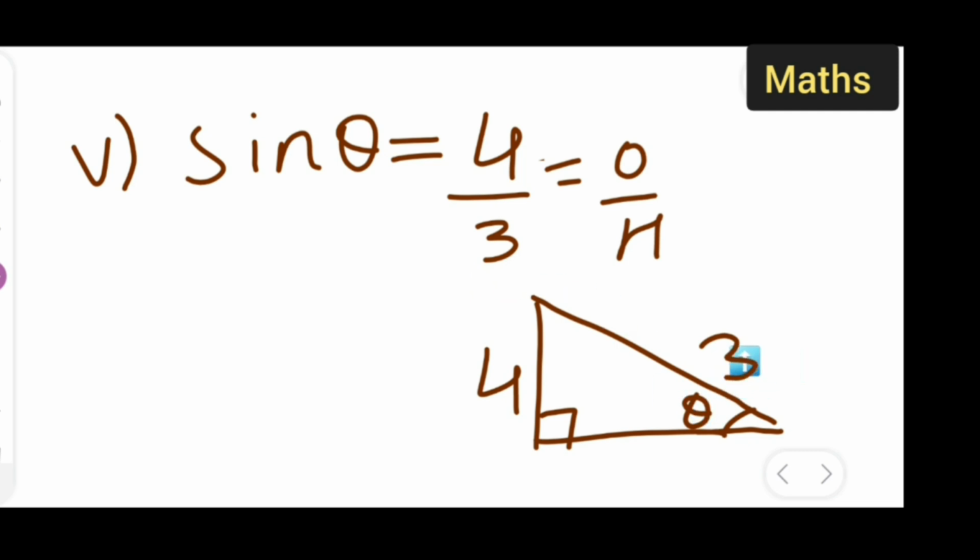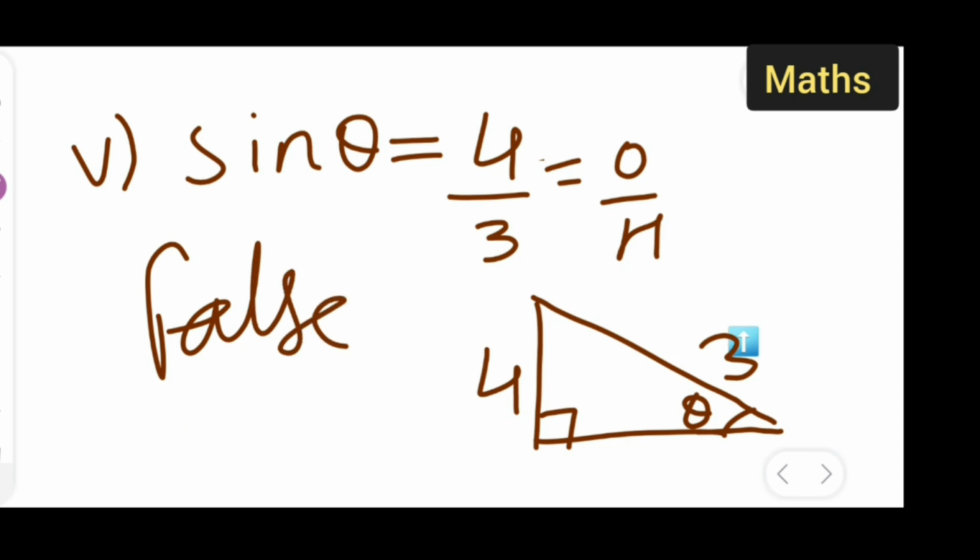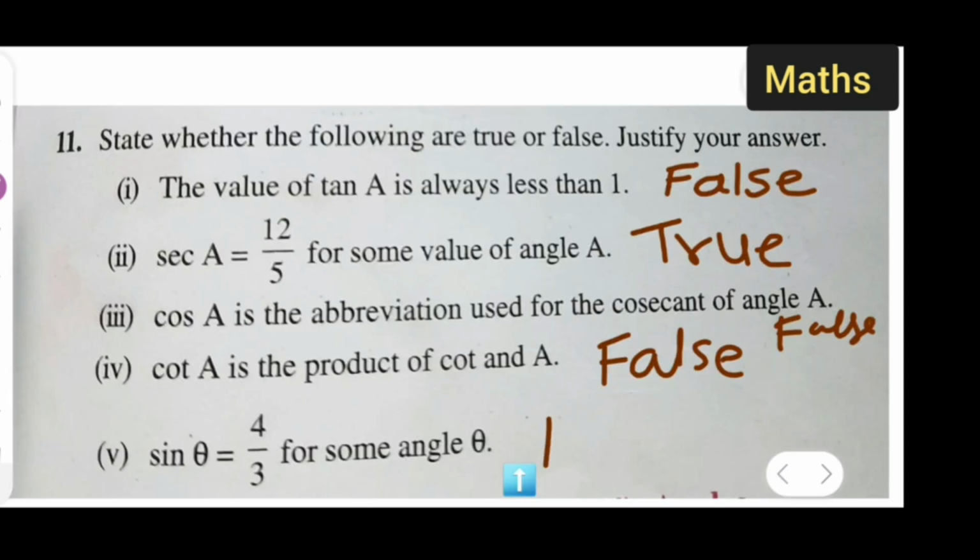But you can see that 3 is too small, and the hypotenuse is always greater. So obviously the statement will be false. So the final statement is also false. So the second one is true, the first one is false, the third one is false, the fourth one is false, and the fifth one is false.